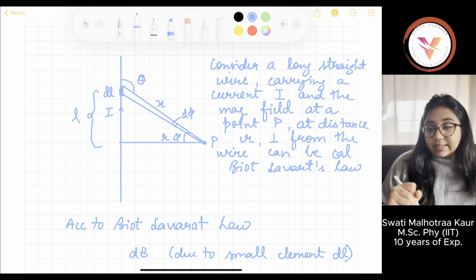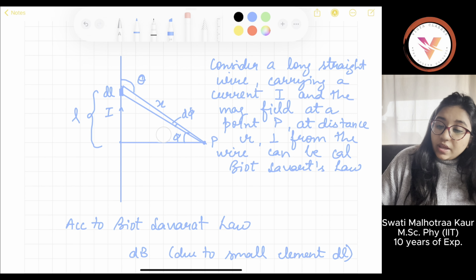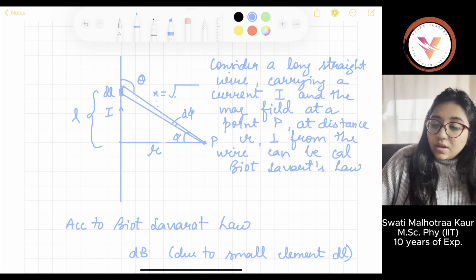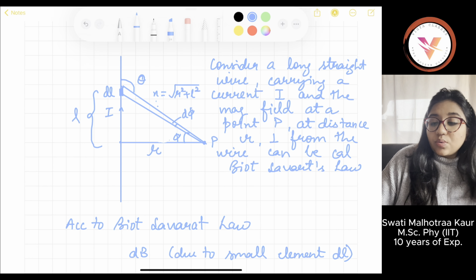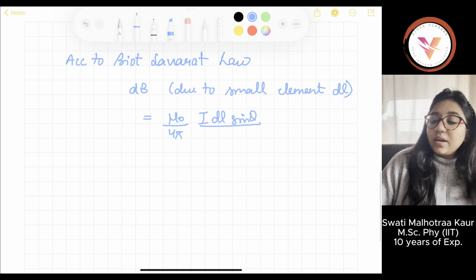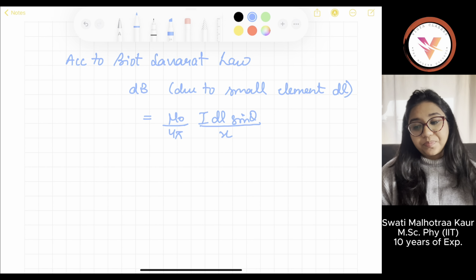Let's take this as x. Now, if this is r, this is l, then x square is r square plus l square, Pythagoras, but I'm taking it as a variable x.